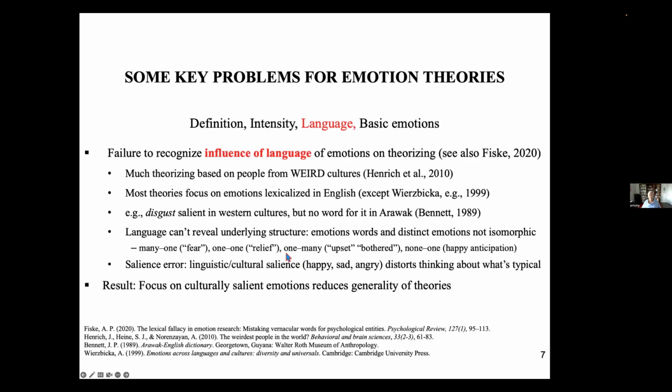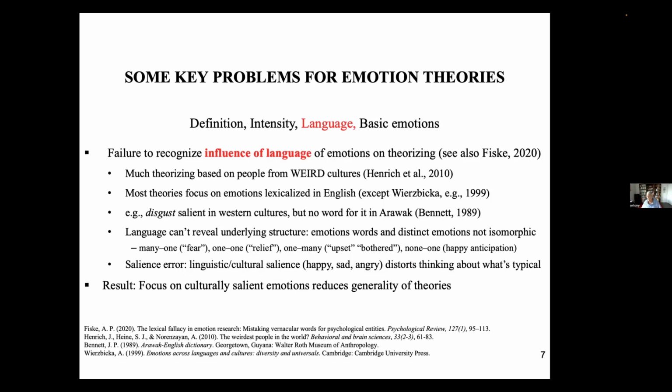Then we have the problem that there are cases of one word mapping onto many different emotions. Words like upset and bothered can refer to anything from anger and fear and embarrassment and shame and disappointment. All manner of emotions can be referred to by the word upset and similarly bothered. And then there are also interesting cases where there are emotions for which English has no one word.